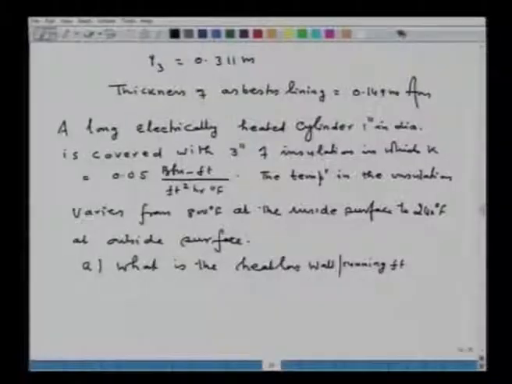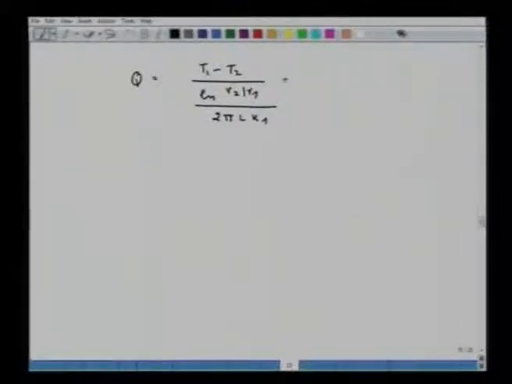Now solving this problem is very straightforward, because here you have to use the simple expression, the heat loss Q equal to (T1 minus T2) upon ln(R2 upon R1) divided by 2 pi L k1, or you can also put it as 2 pi L k1 (T1 minus T2) upon ln(R2 upon R1).